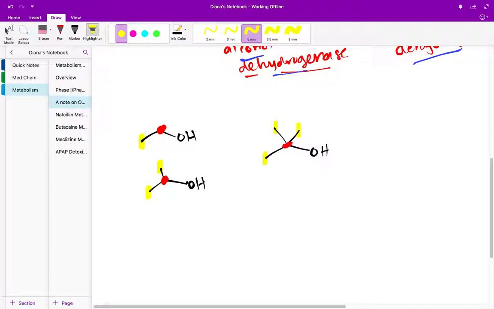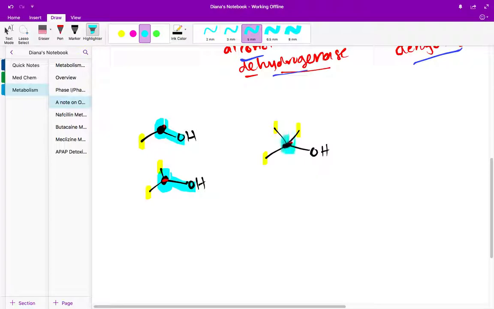So even if you see these alcohols in giant molecules with tons and tons of different things attached to it, you need to be able to recognize what is the carbon I'm interested in. I'm interested in the carbon that is directly bonded to my oxygen. In other words, I'm interested in this carbon that is directly bonded to my oxygen. That's the carbon I'm interested in.